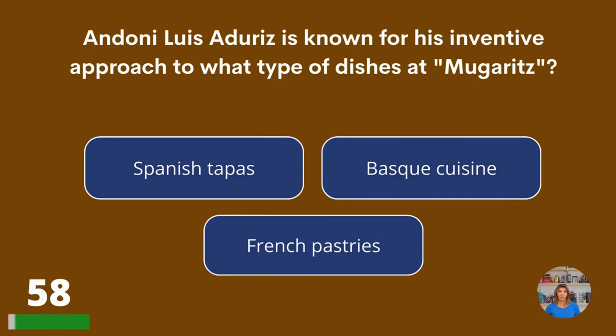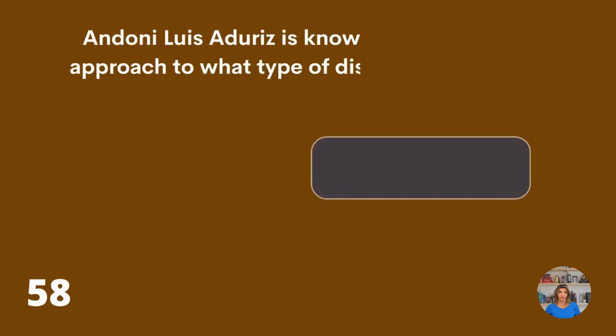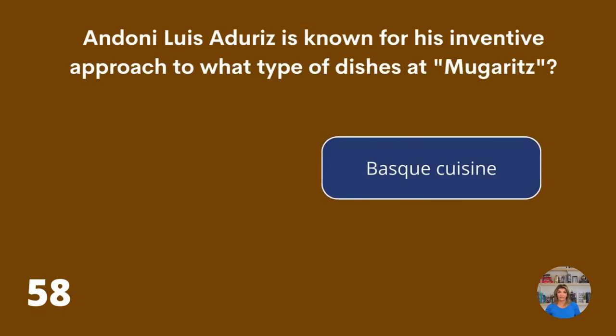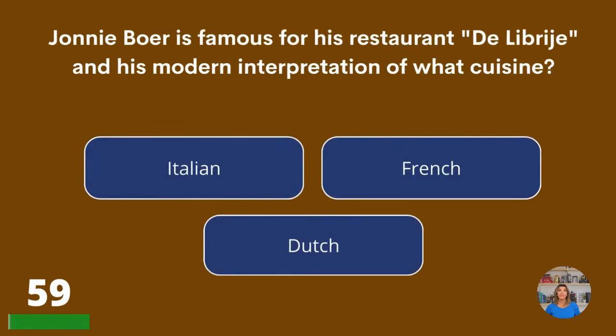And Doni Luis Aduriz is known for his inventive approach to what type of dishes at Mugaritz? Spanish, Basque, or French? Basque cuisine. Joni Boer is famous for his Restaurant de l'Ivrier and his modern interpretation of what cuisine?